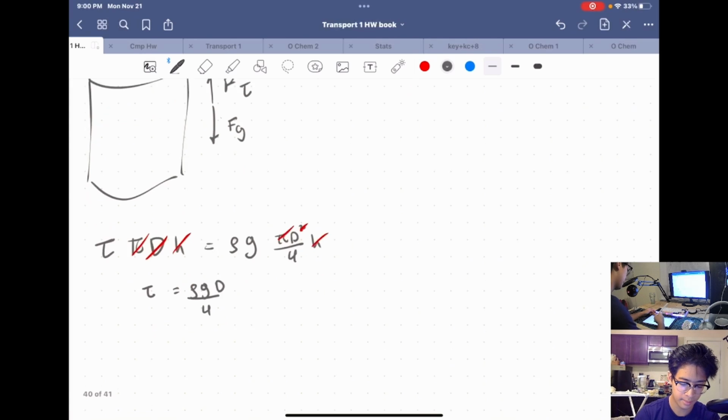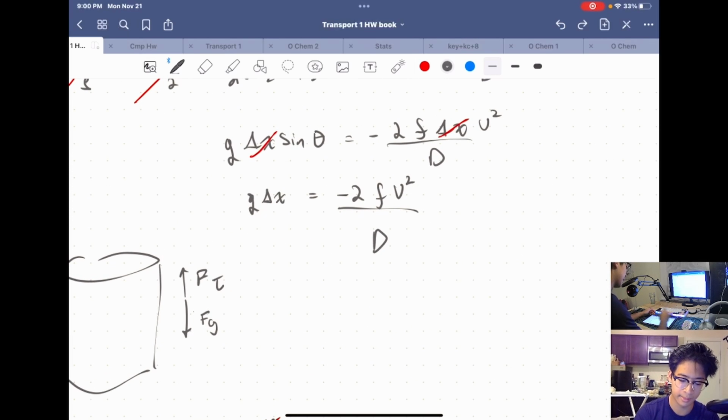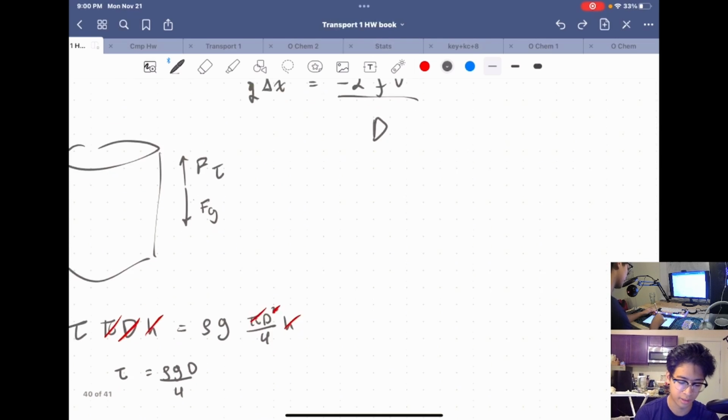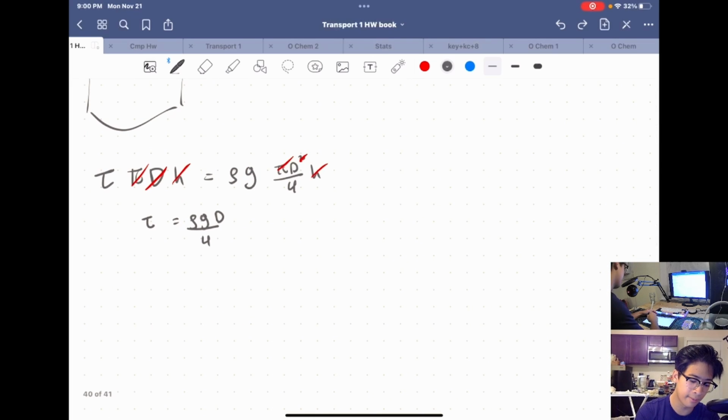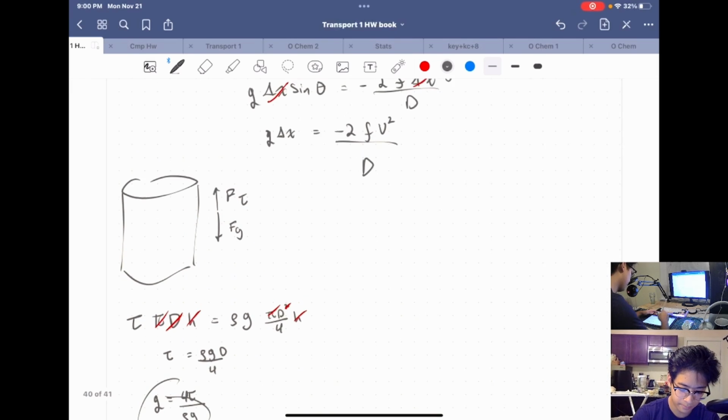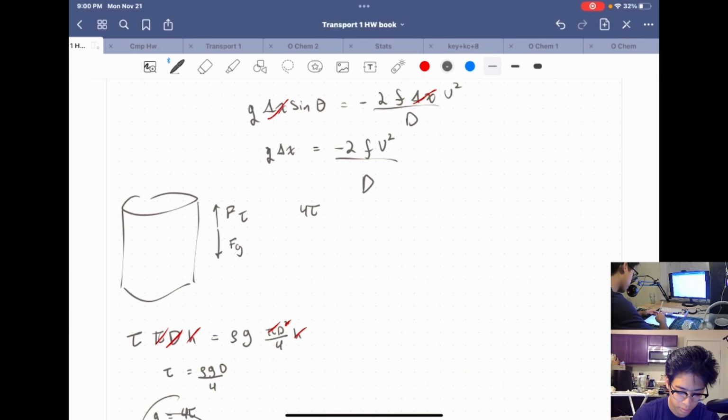So how do we relate these two expressions? Well, we have the gravitational acceleration constant, which never changes, so let's find an expression to substitute for that. We have g equals 4 shear stress over rho d. We can plug that in. We have 4 shear stress over rho d equals negative 2f v squared over d.